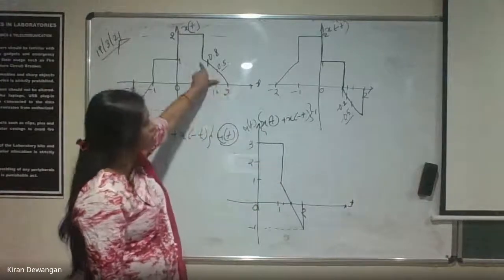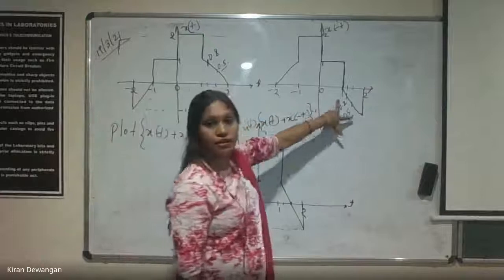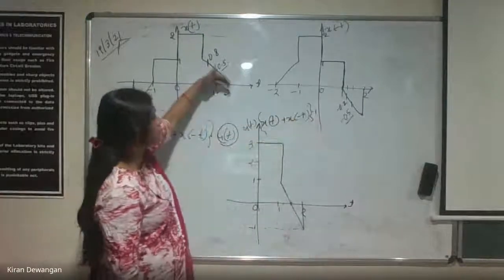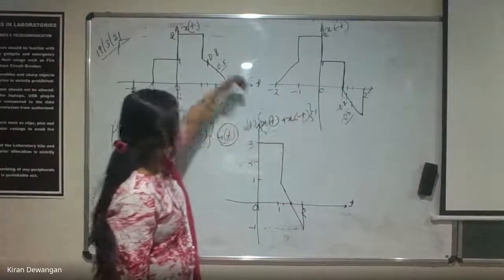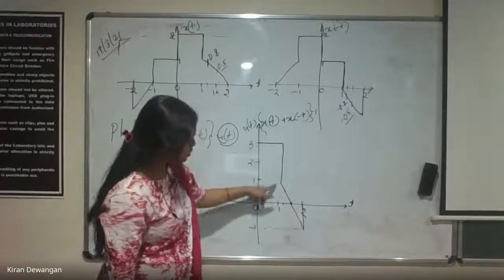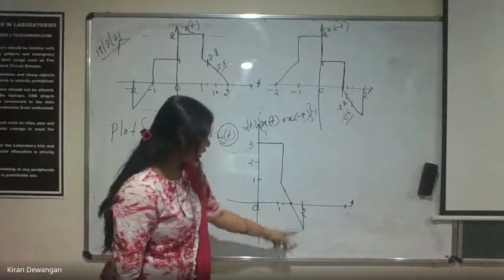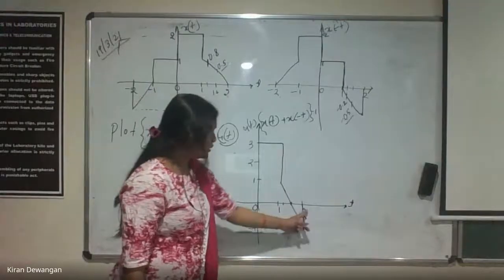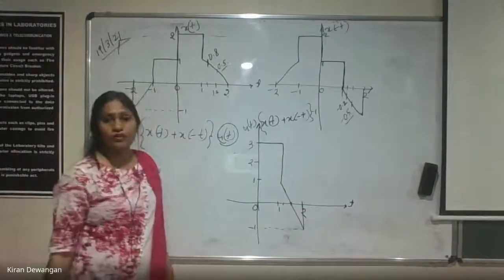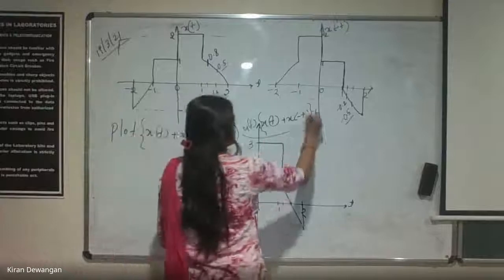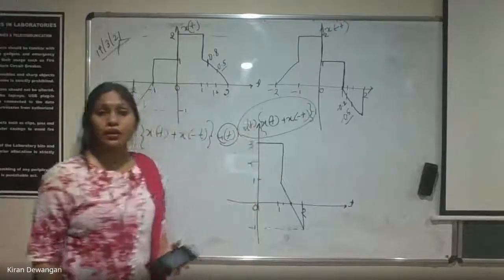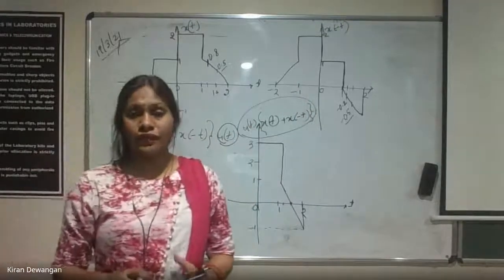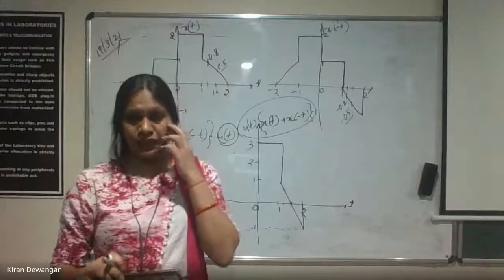Now these two will get added. दोनों add हो रहा है. एक positive side में और एक negative side में. So basically when we add these two, between 1 to 2 it will reach minus 1. And this is going to be our final signal. Is this one clear? Clear now everyone? Anyone has any doubt in this?